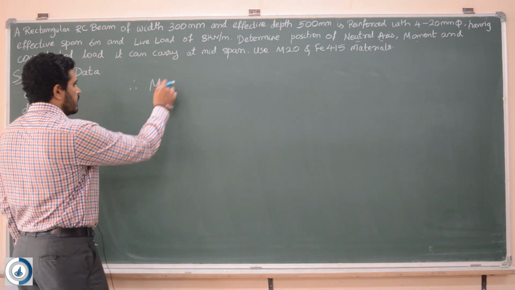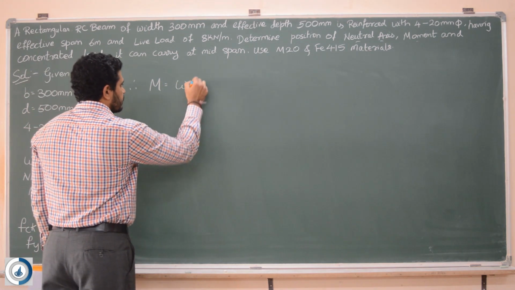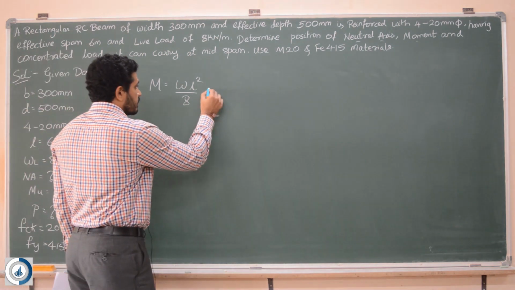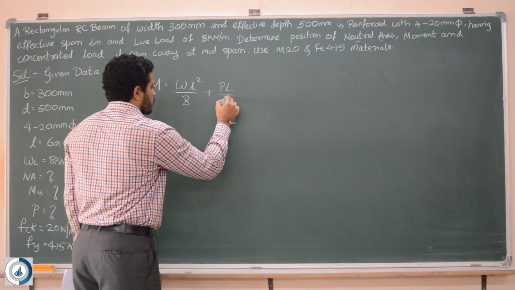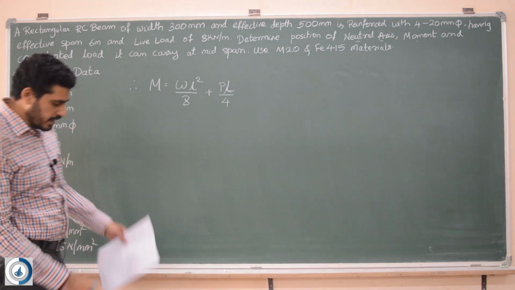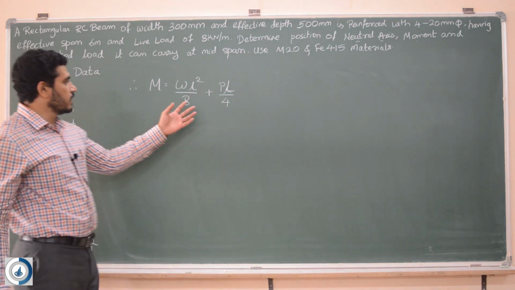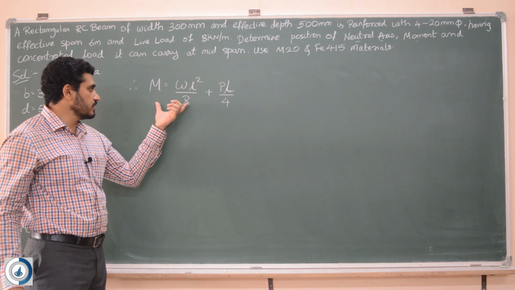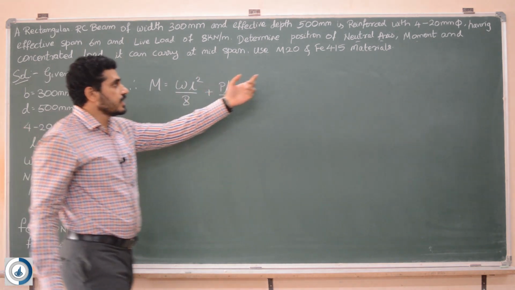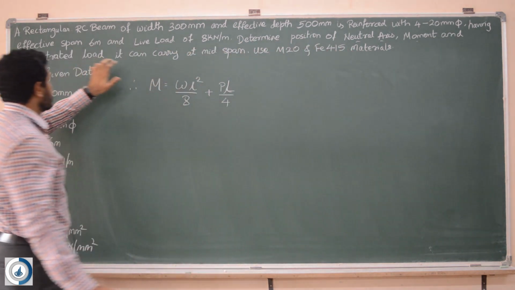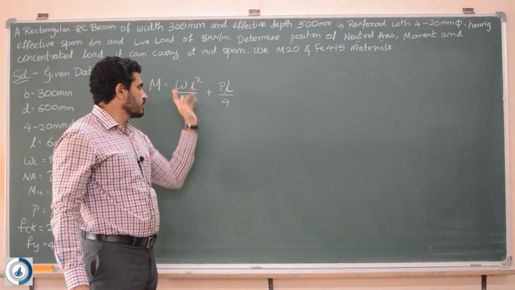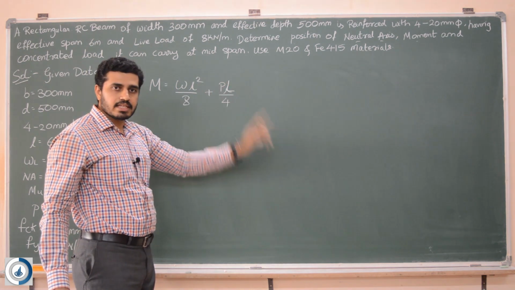This moment equals WL square by 8, which is exclusively for UDL, plus PL by 4. Small l I will use because that is designated as effective span. I have added it because the beam is at least carrying a uniformly distributed load; this extra they have given to find the concentrated load it can carry at midspan. From this equation you are going to find P, which is the point load.